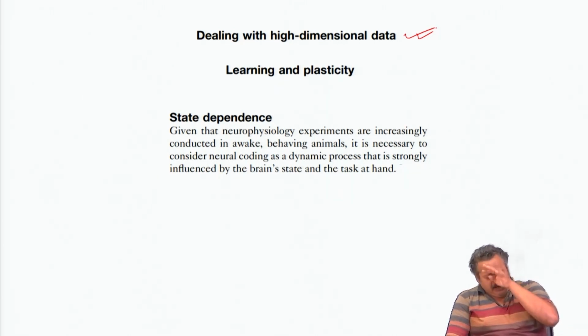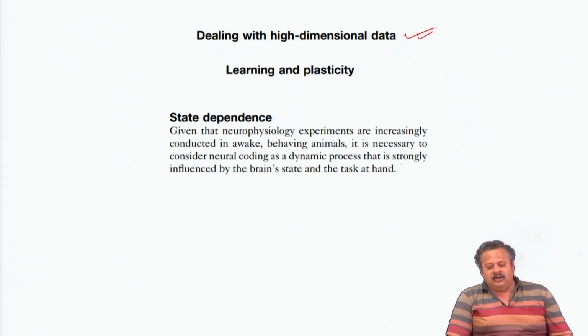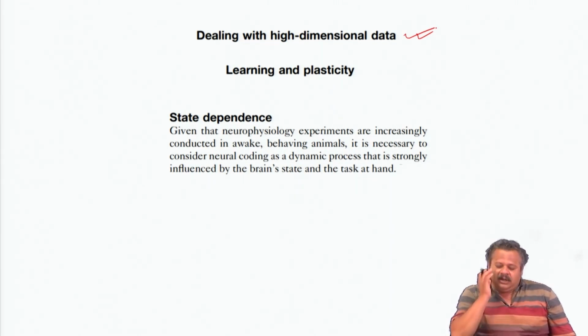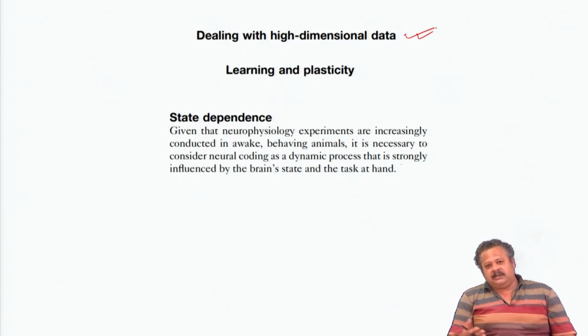These kinds of factors are not at all incorporated in any of the work that we have discussed, and it is indeed difficult, but neuronal coding is actually a dynamic process, and it is heavily influenced by exactly what we are doing and exactly what our history has been, and so on.